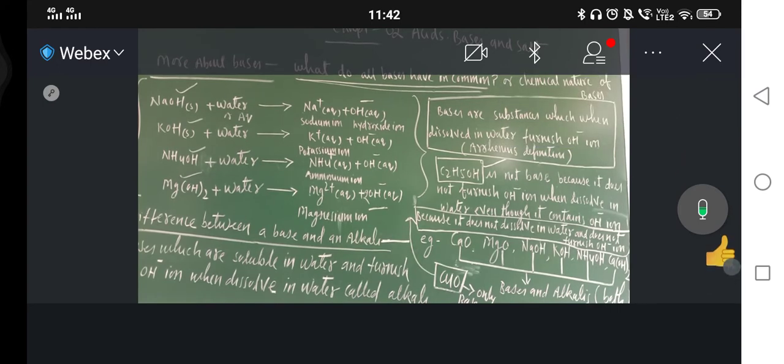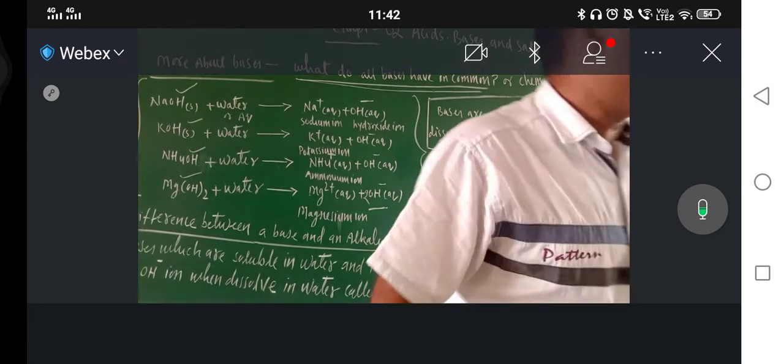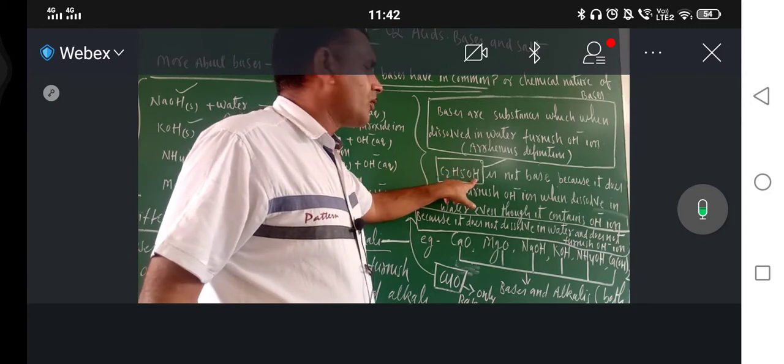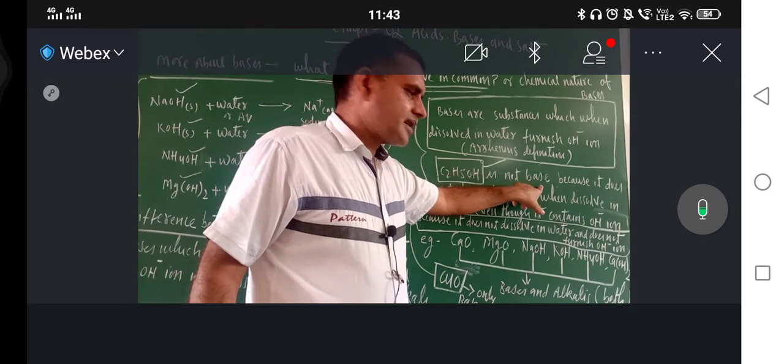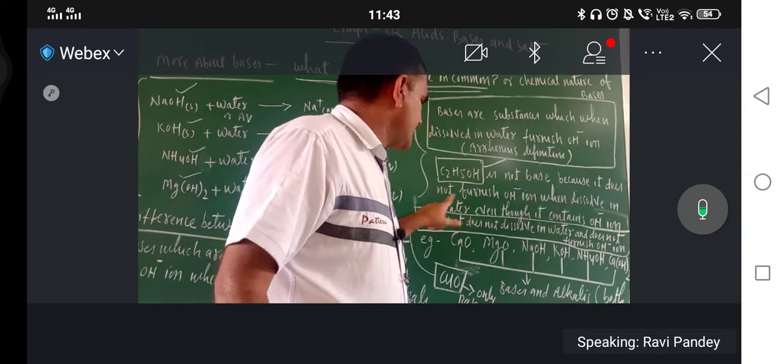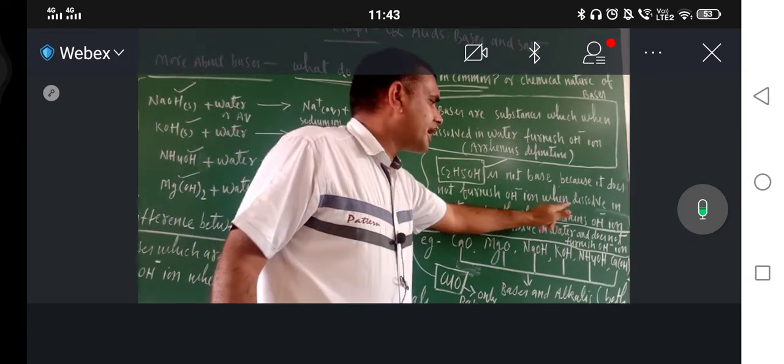In the same way, to be a base, what is the condition? They must furnish OH negative ion. Here I wrote one compound, C2H5OH. It is not a base, because it does not furnish OH negative ion when dissolved in water, even though it contains OH.